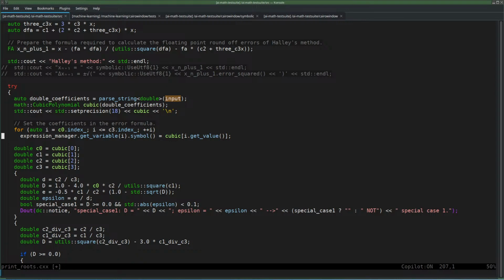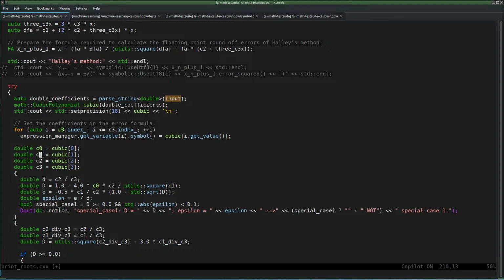See, so here we do something dangerous, basically. I'm calling get value. It just converts my variable index type to an int. But that means that whatever that value is must now correspond with the order in cubic. In other words, 0 must be C0.